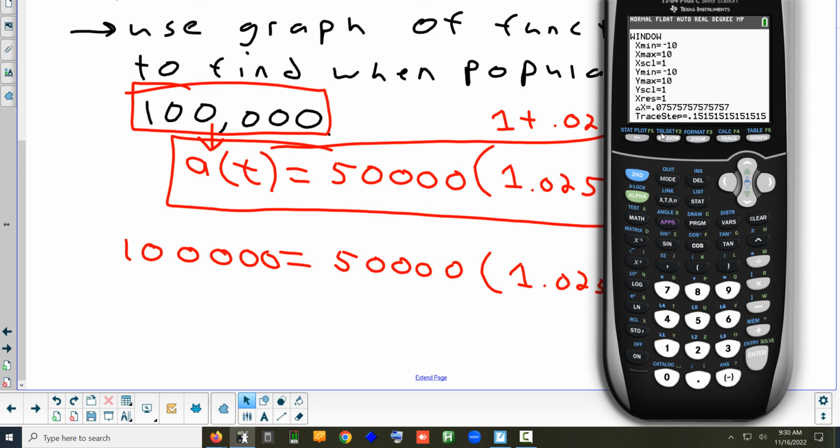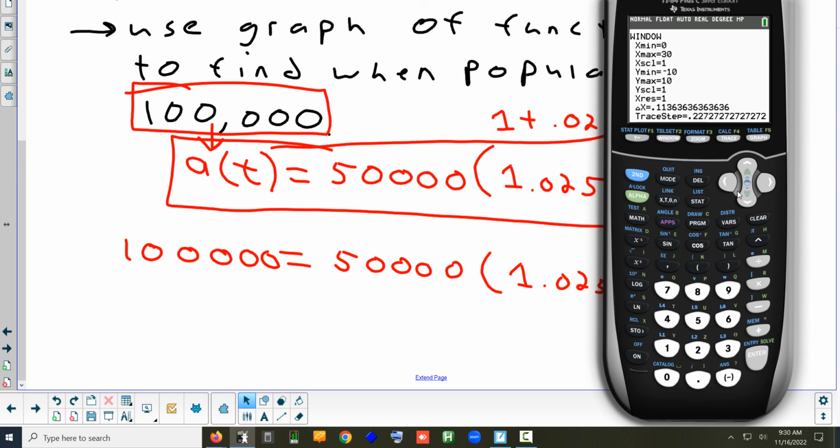Yeah, 0. 0 would mean I'm starting with 50,000 people right now, and I want you to tell me what the population is right now. No time has gone by yet. Still 50,000. So no time. How much time is it going to take to reach 100,000? I don't know. I'm going to guess that it happens within 30 years.